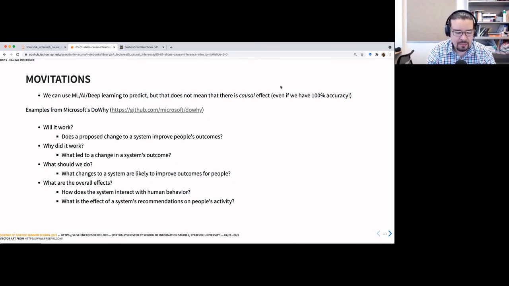But in our kind of studies, we usually are interested not just in prediction, but in prescription. What should we do to change behavior? And so that's the causal question rather than just the prediction question. So we could have a model that is extremely accurate, but that doesn't mean that it will give us insight into the causal relationship between things.